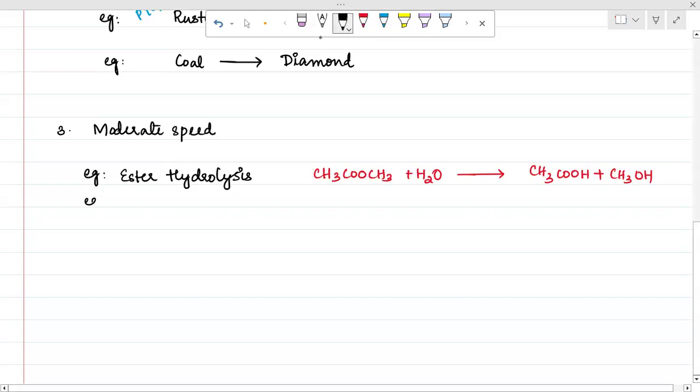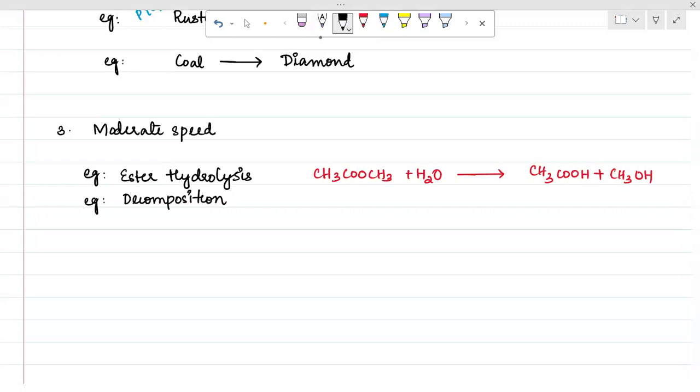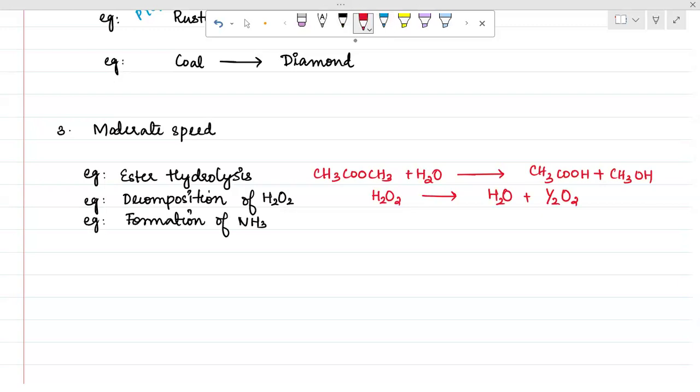Decomposition of H2O2. What is H2O2? Hydrogen peroxide. So hydrogen peroxide decomposes into water and oxygen. Moderate speed. Again, another example is the formation of NH3, a very famous process. What's the name of the process?